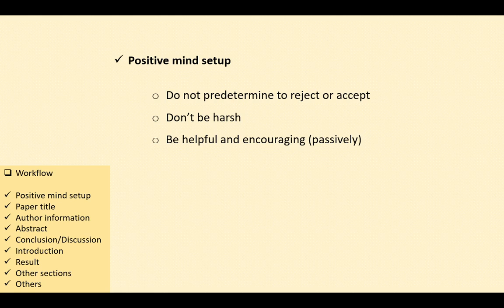What does it mean? Whatever shortcomings you find out, you note it down and present it in a nice, polite way. So you should not be too harsh or abuse the authors. Rather, you write down those comments in a way that is encouraging to them. So you need to remember, the author can be the undergraduate student, maybe the master's student writing for the first time, right?